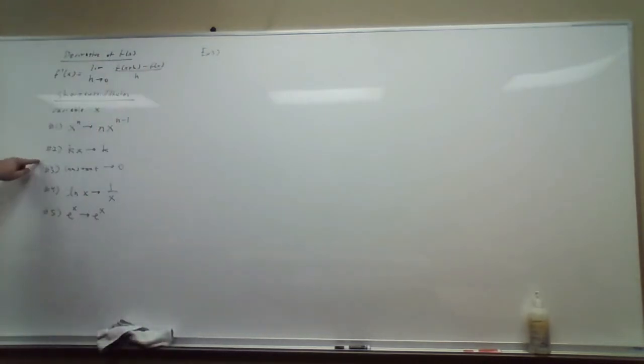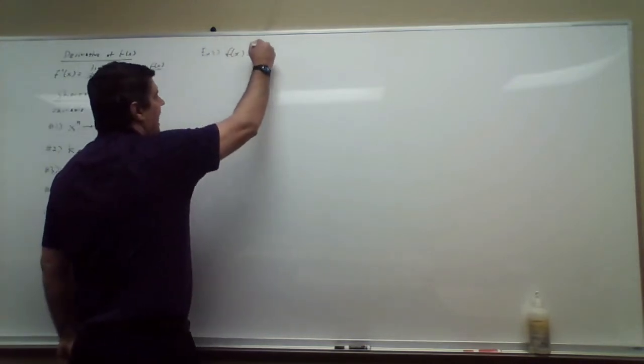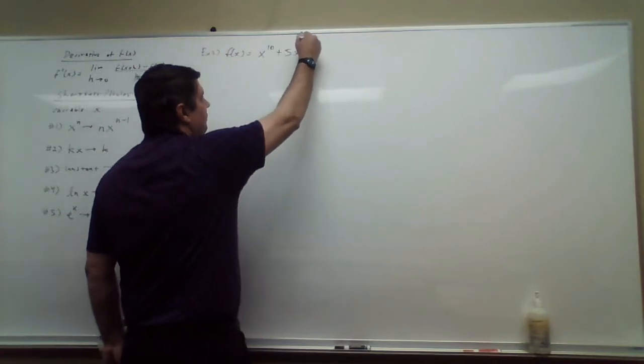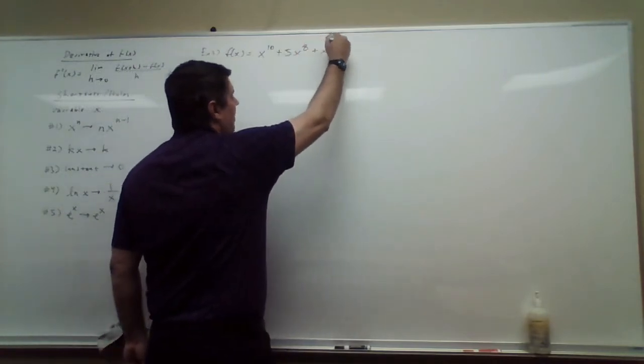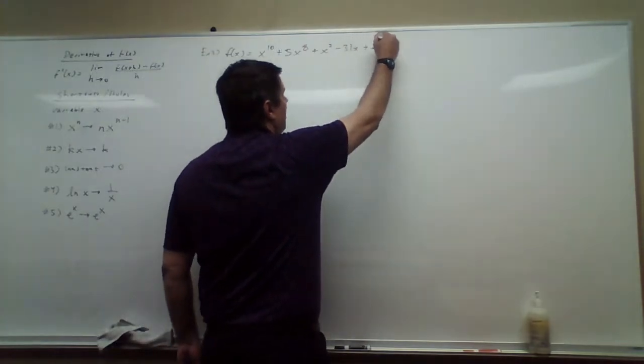Okay, so for example, the first few examples that I cover next are going to involve just these 3 rules. So let's say f of x is x to the 10th plus 5x to the 8th plus x squared minus 31x plus 283.